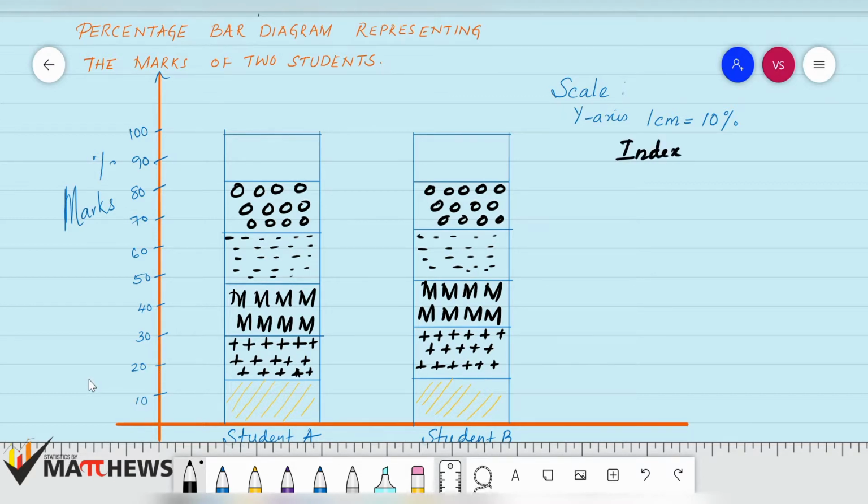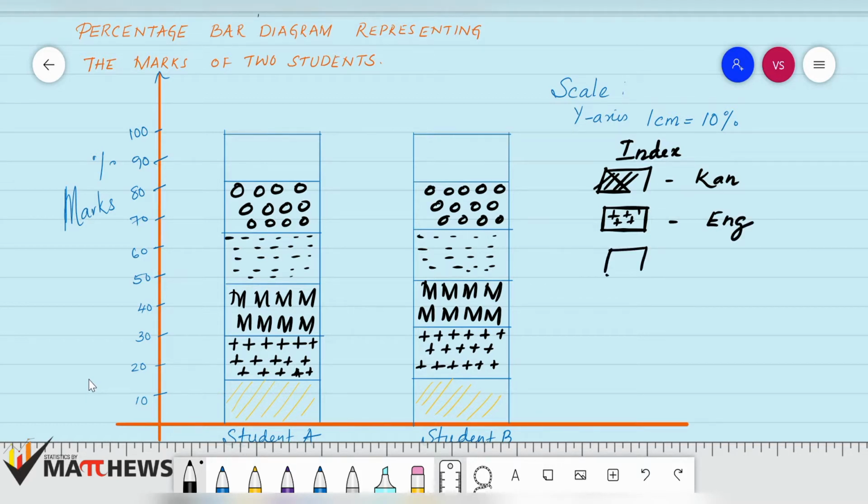So what do these crossed lines represent? They represent Kannada. Then the plus represents English marks.